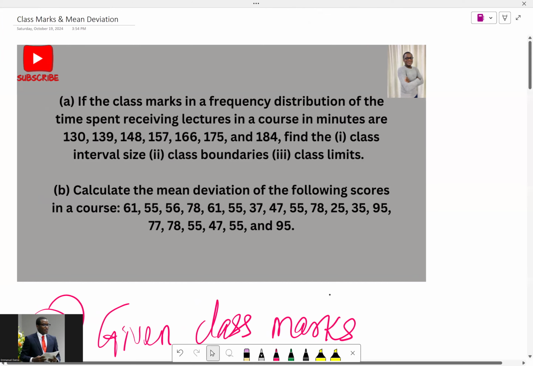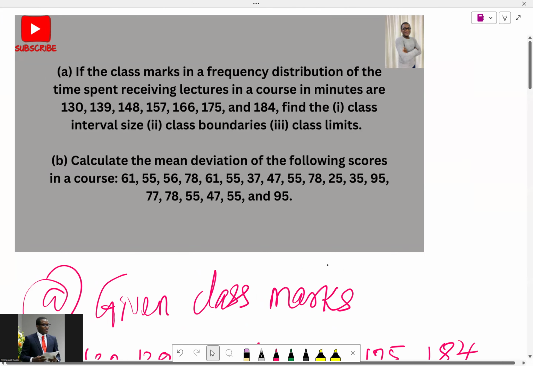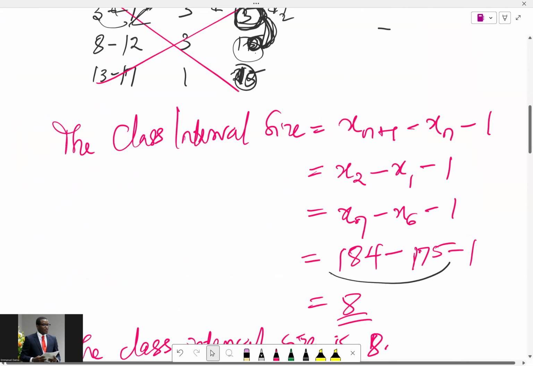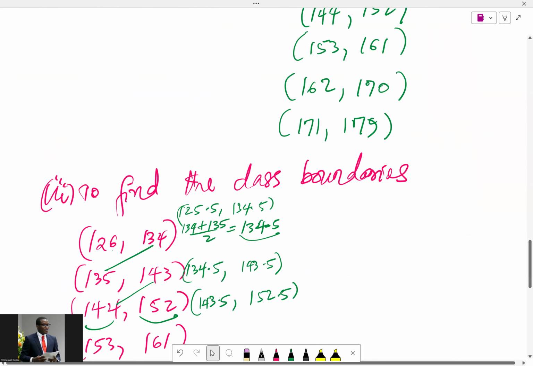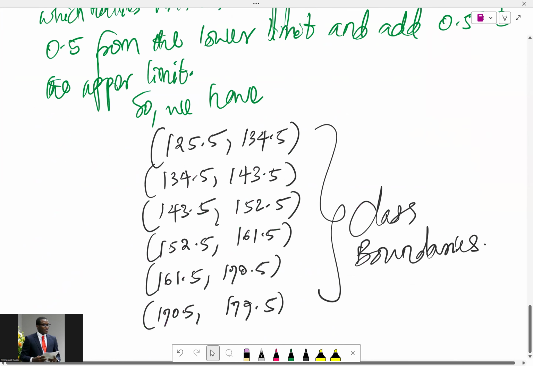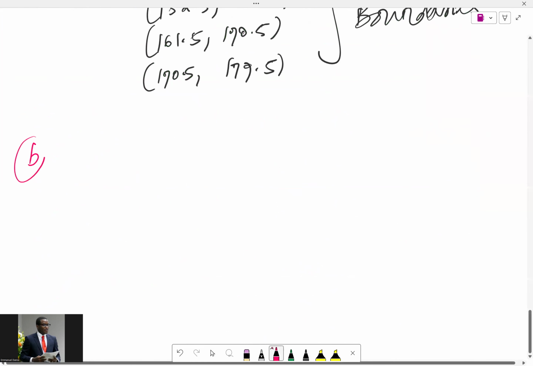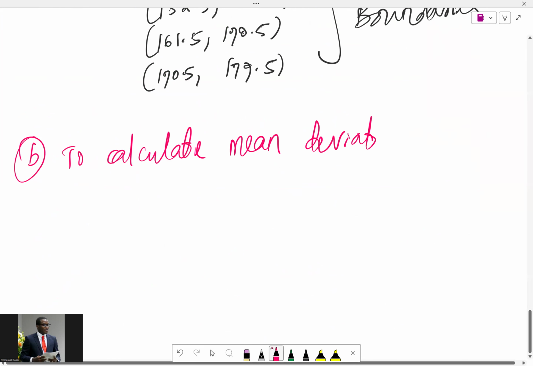So let's talk about the mean deviation of the following scores. So B now, to calculate mean deviation. As the name implies, you need the average of all the deviations.